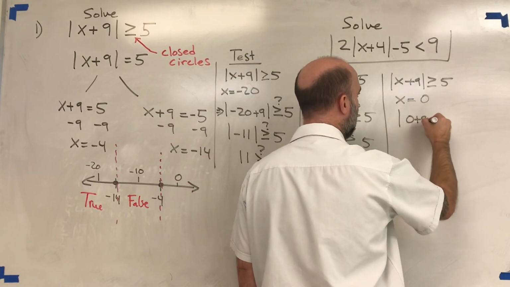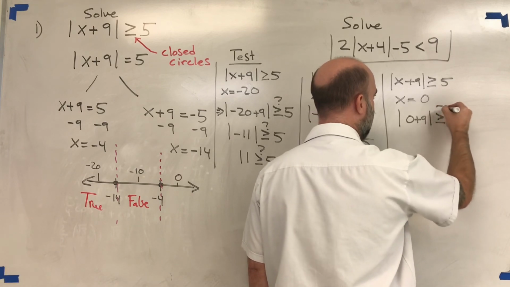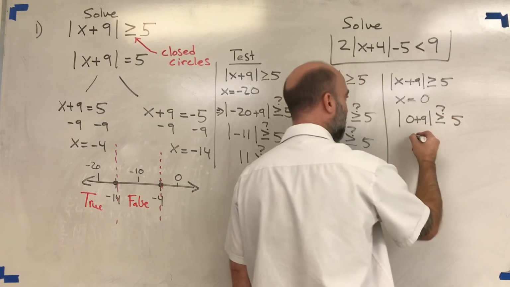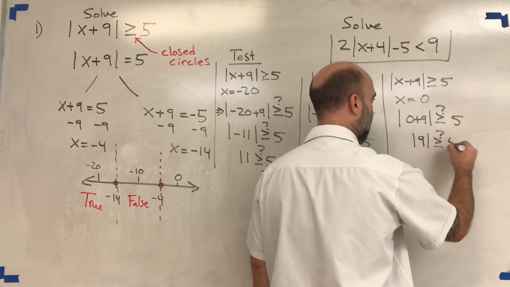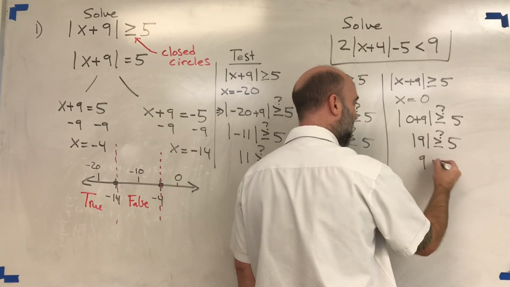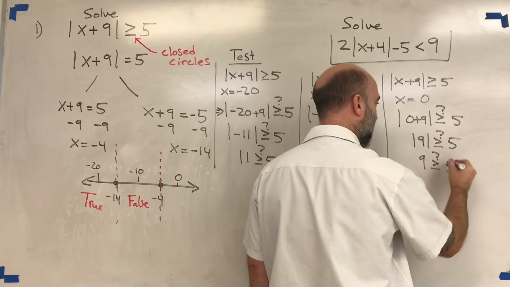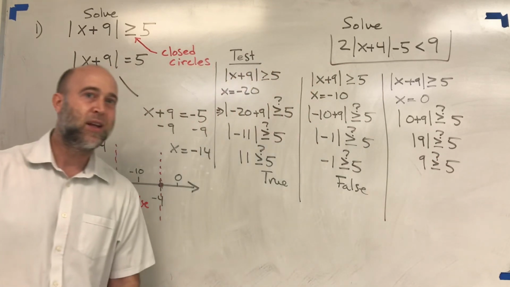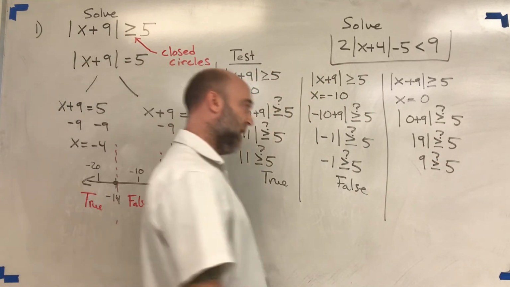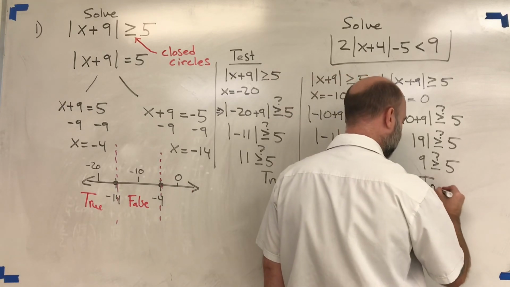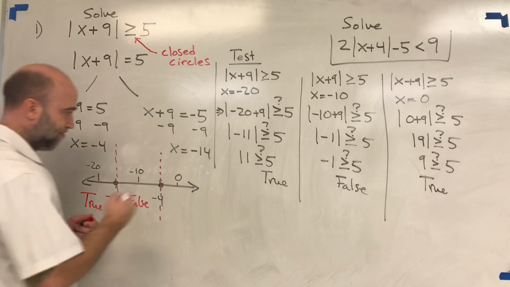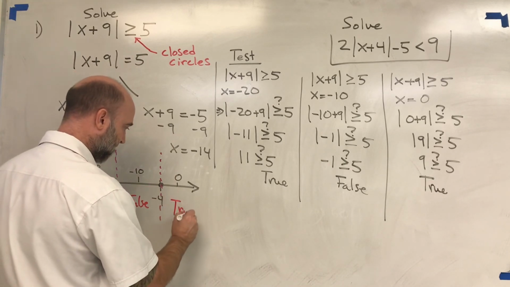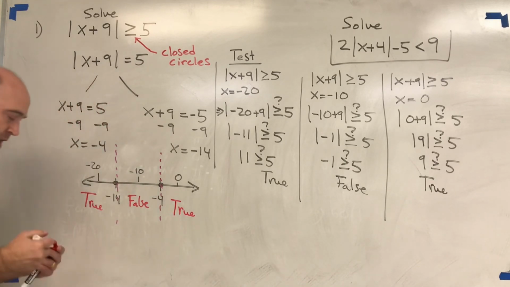Absolute value of 0 plus 9, is that greater than or equal to 5? Absolute value of 9 greater than or equal to 5. Is 9 greater than or equal to 5? Yes, it is. This is true. So now I have a true here. All right, we're almost done.